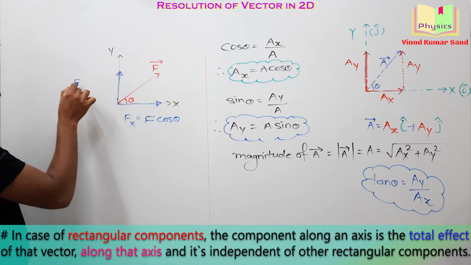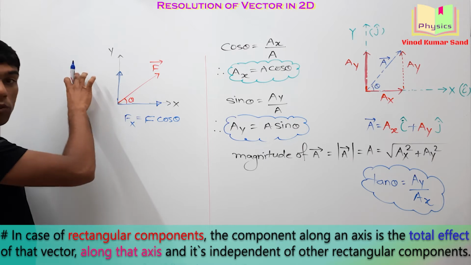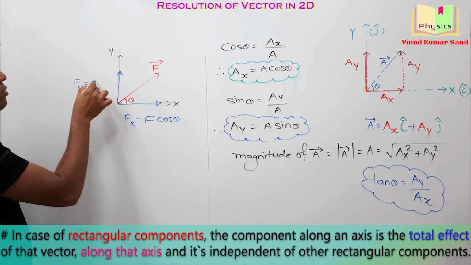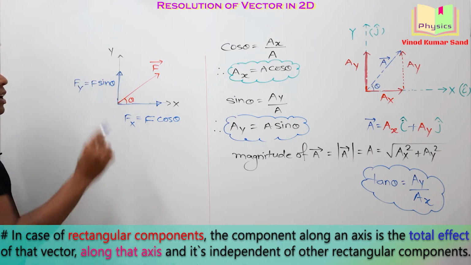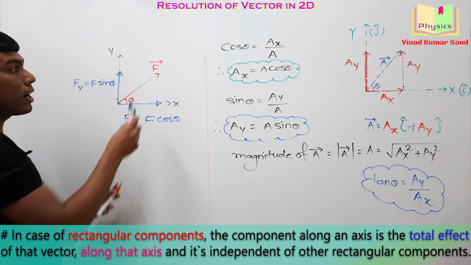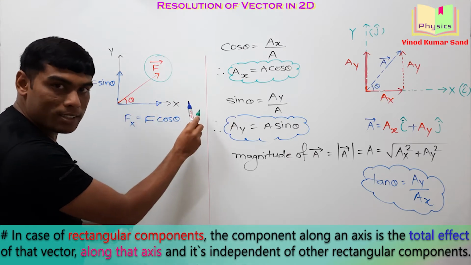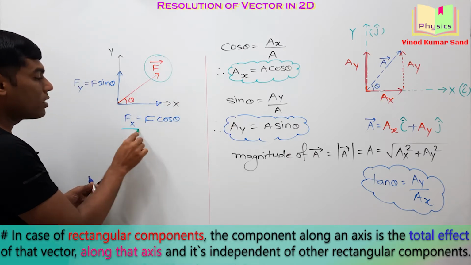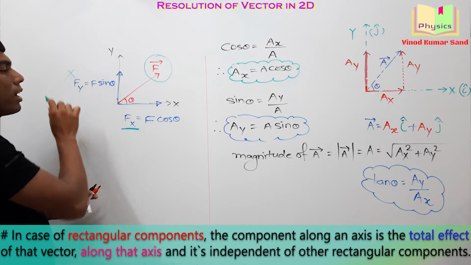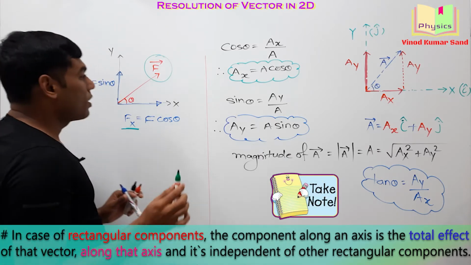We call it Fy. And if you compare with this, the magnitude of the y component of the vector is F sin theta. Now, Fx represents the effect of this force along the x-axis, and this Fx is independent of Fy or Fz. Getting it?